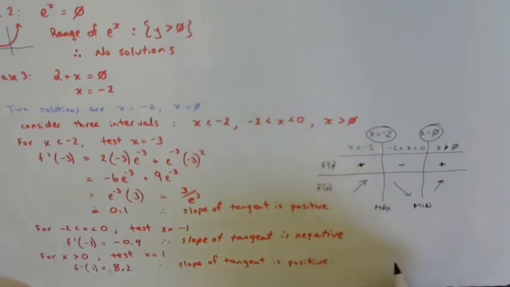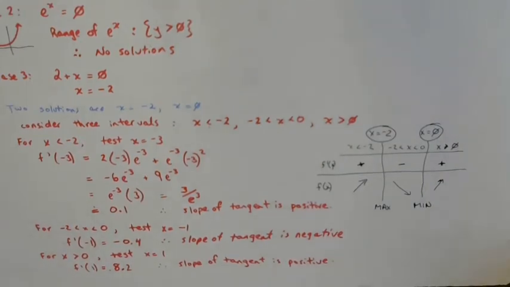Maybe that's a helpful way to think about it. The last thing that we need to do is find the value of f of x at these critical values in order to give us the actual points of the local minimum and local maximum. So I'm just going to clear this and carry on.